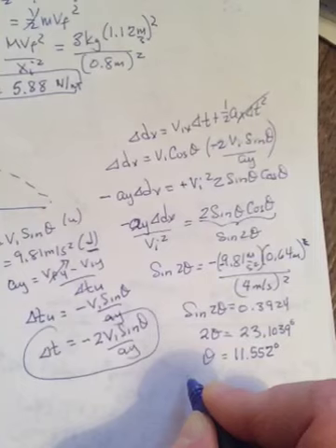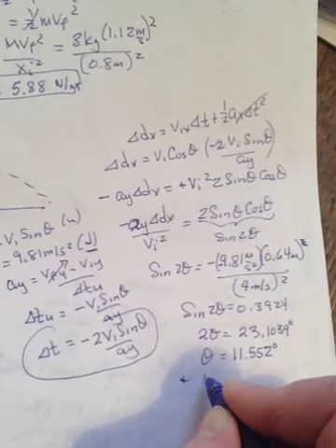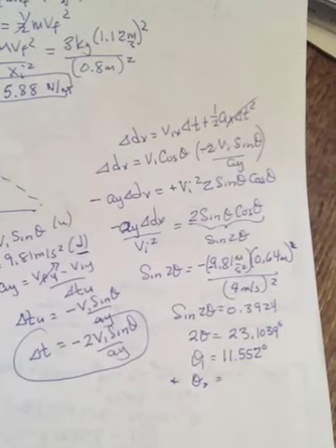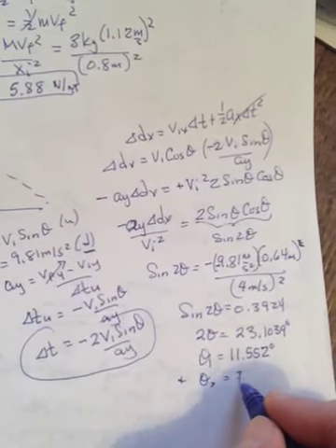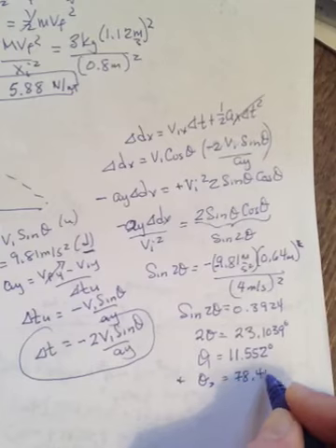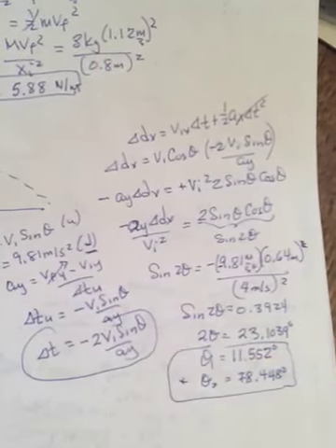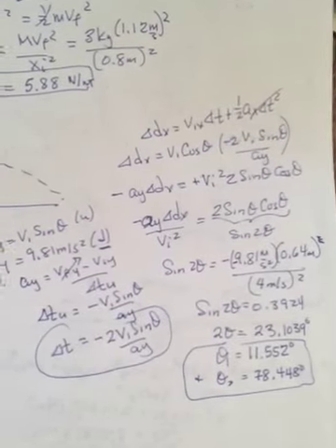And so then the second one is 90 minus that. So that's theta 1. So then do 90 minus that and get 78.448 for your second one. Okay? And that's all that one asked for.